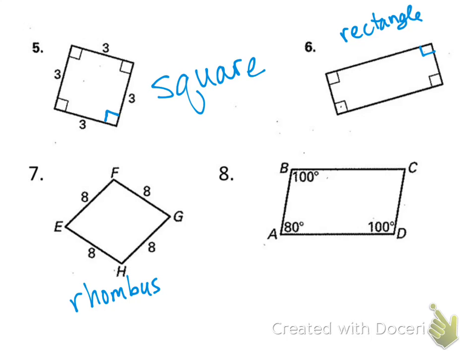All right, and then number 8, I'm noticing that all the angles that I'm given, all the consecutive angles are supplementary. That sounds like a what? You could also notice the opposite angles are congruent.